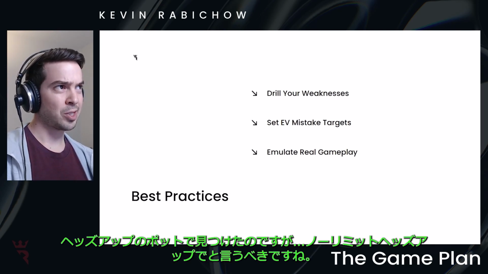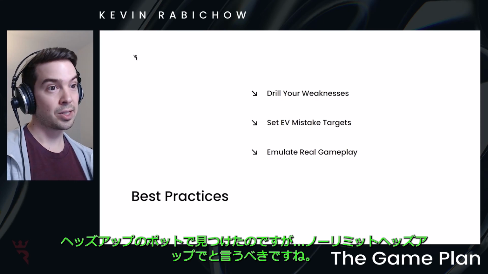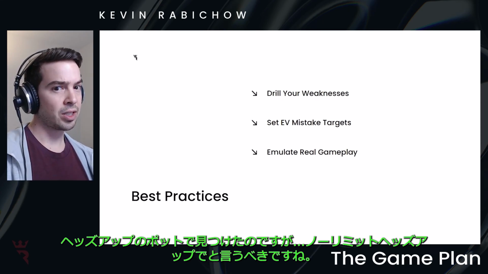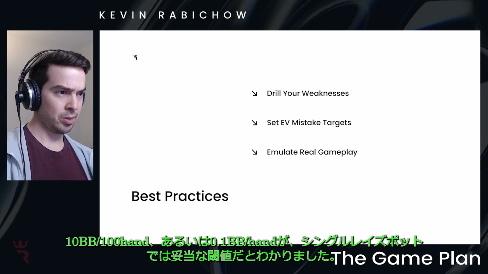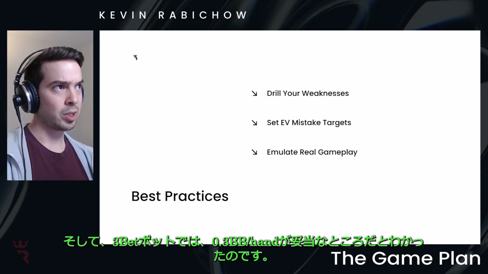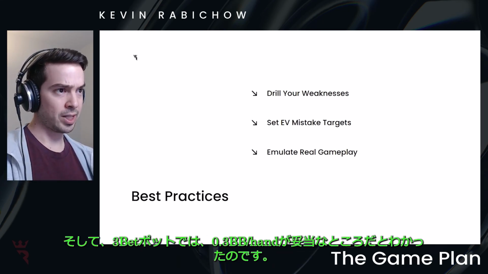I found in heads up no limit that making 10 big blinds per 100, or 0.1 big blinds per hand, was a reasonable threshold for single raise pots. And I found that 0.3 big blinds per hand was a reasonable threshold for 3-bet pots.